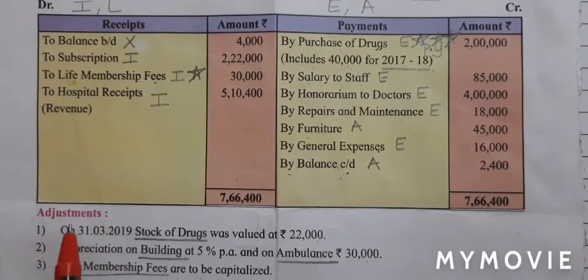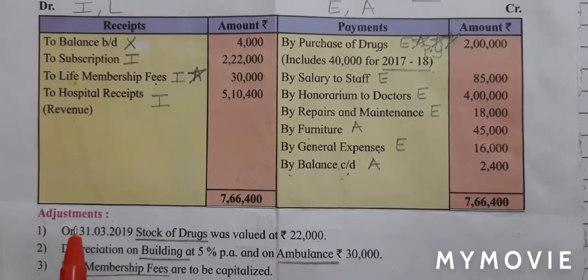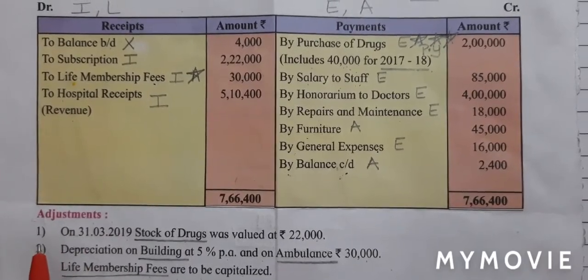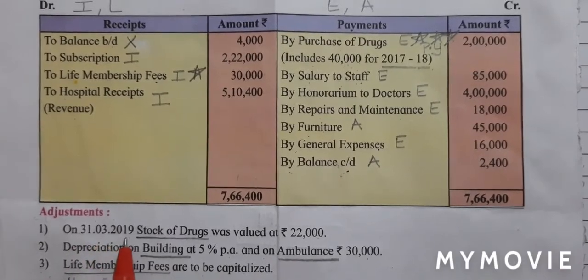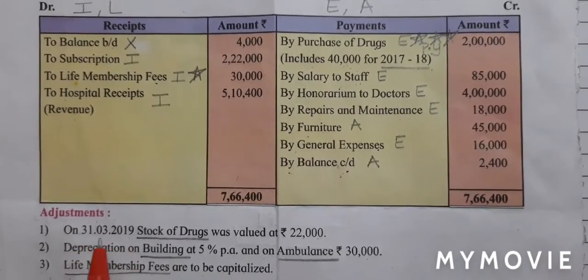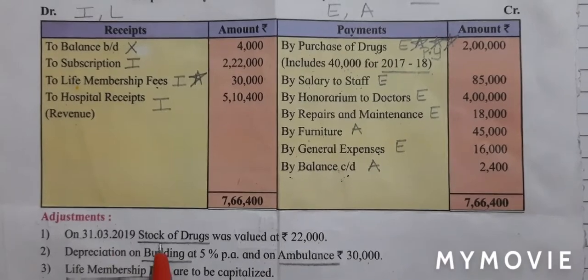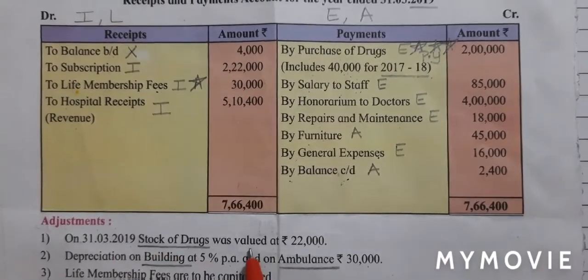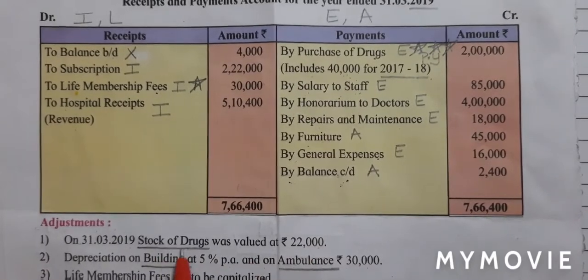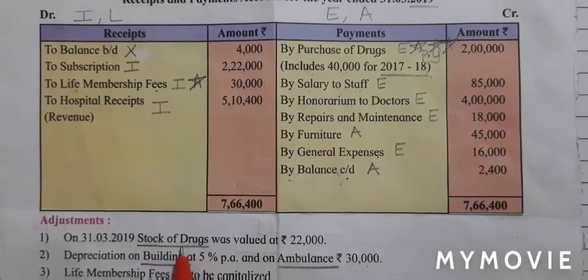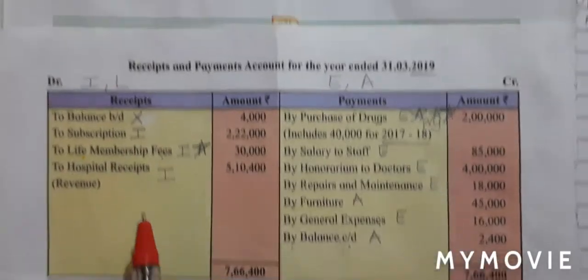Please make a note, adjustments always have two effects. Let's begin with the first adjustment. On 31st March 2019, this is my closing balance. So closing stock of drugs was valued at rupees 22,000. So closing stock of drugs, I will write it on the expenditure side.